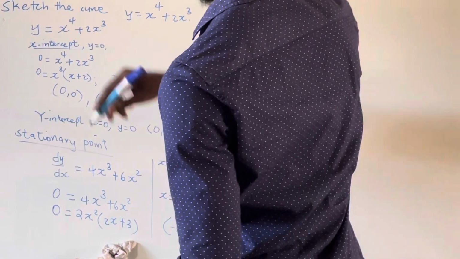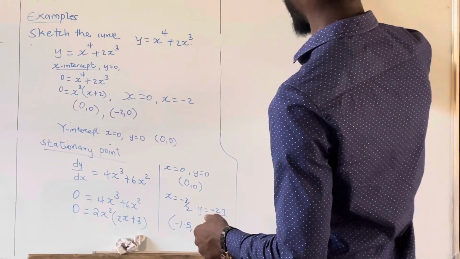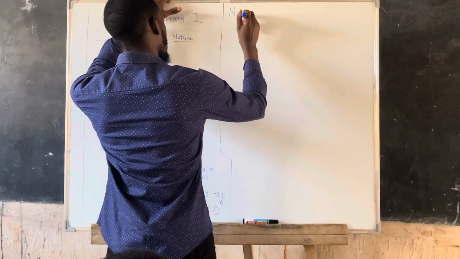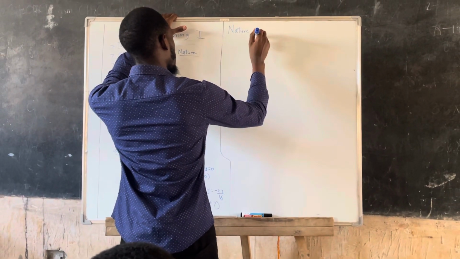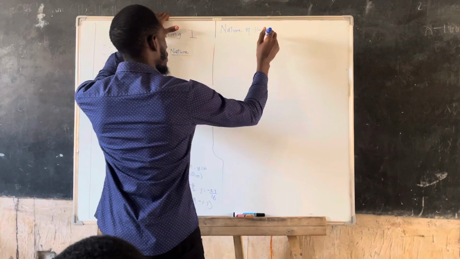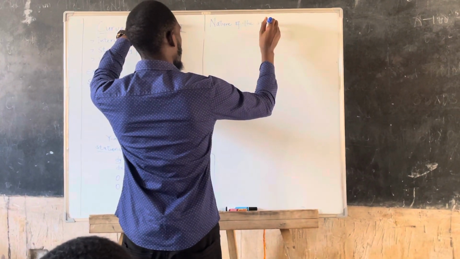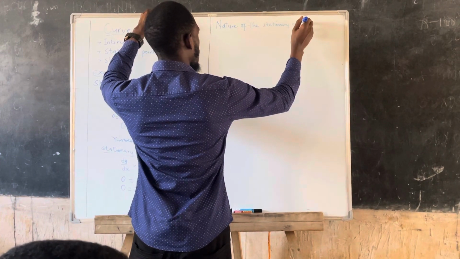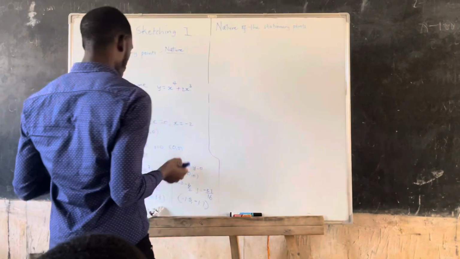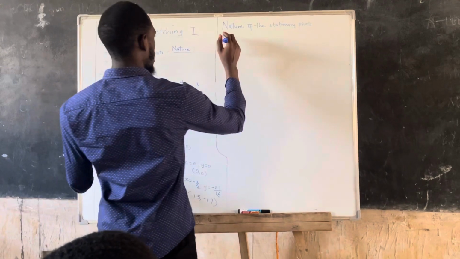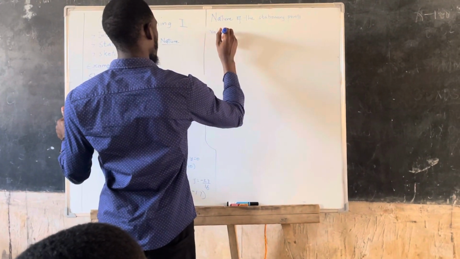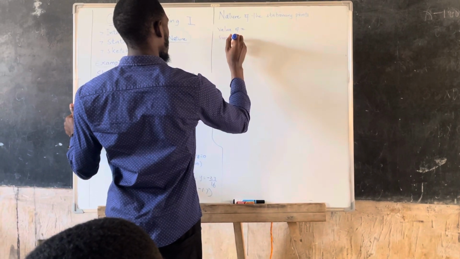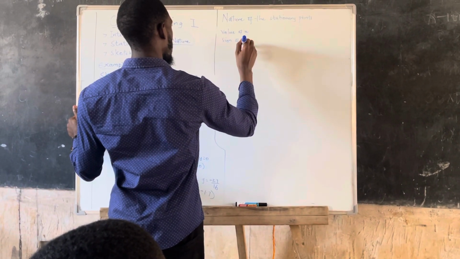We have established the turning points, but what is the nature of these turning points? So we come and get the nature of the stationary points. And here we can use the table. We said that here we put the value of x, then here we put the sign of the gradient.